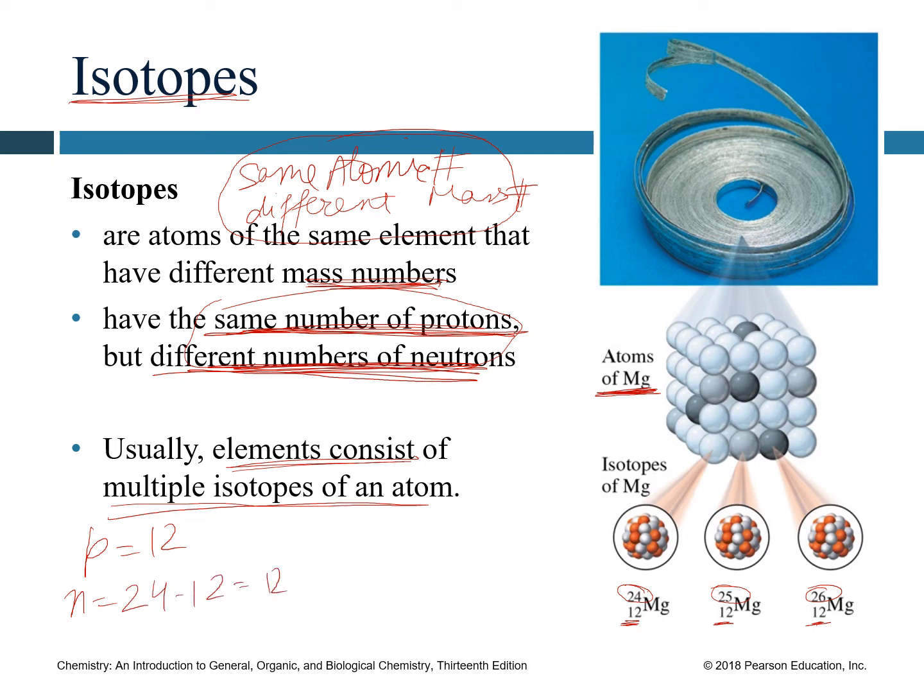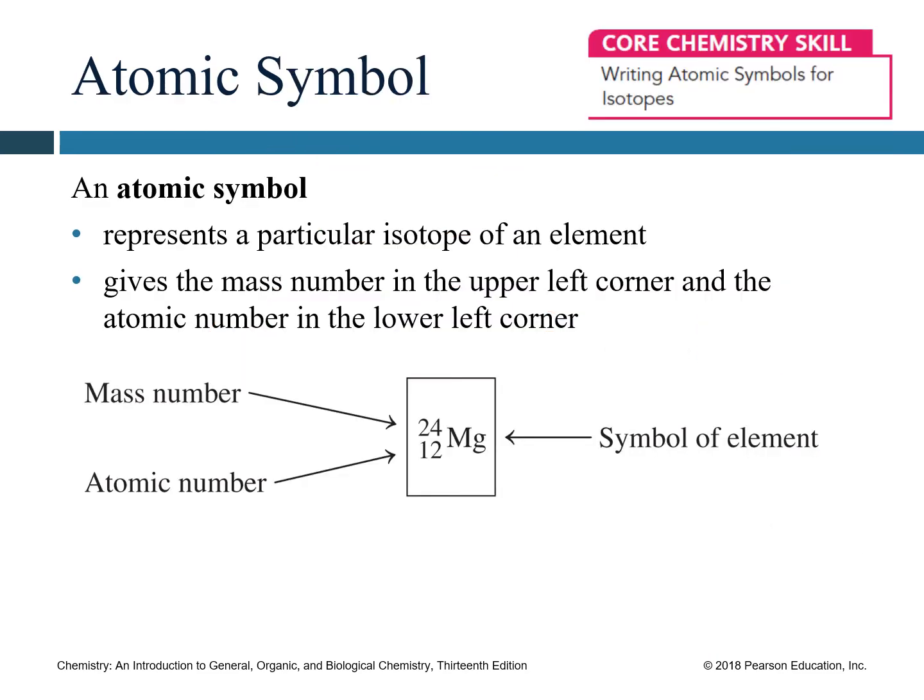The second one would be 25 minus 12, which is 13. And the third one would be 26 minus 12, which is 14. So what's different here is the number of neutrons. The number of protons is always the same, 12, 12, 12. So isotopes have the same number of protons but a different number of neutrons.